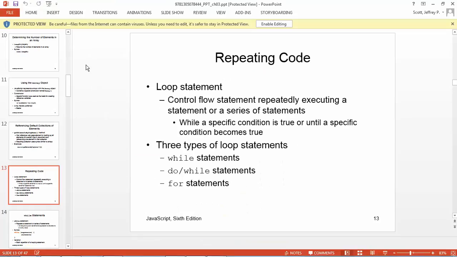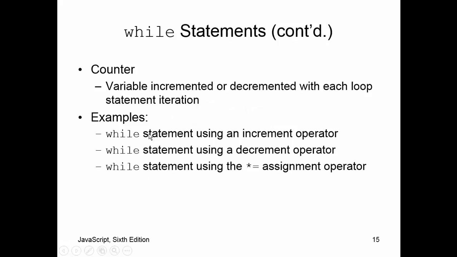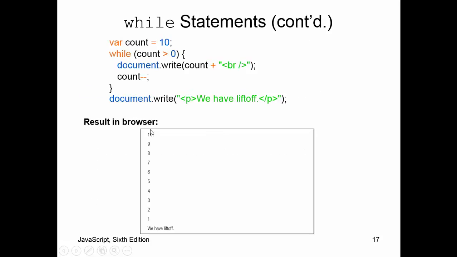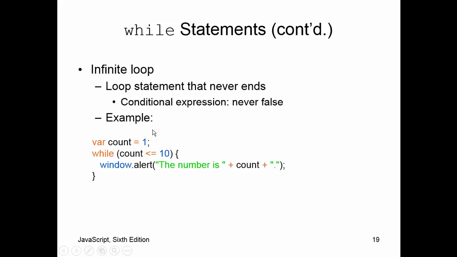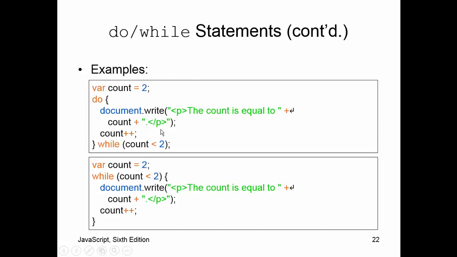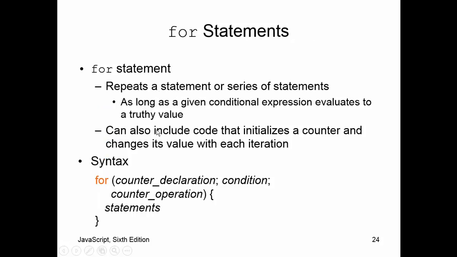I've just explained to you what a loop statement is, and I just explained the while loop, the do while loop, and the for loop. So you can look through these yourselves, but there's probably little to nothing in here that I haven't already gone over with you. So that was the while. Then there's the do while. Again, that's the only time you put the semicolon at the end. And there's the for loop.